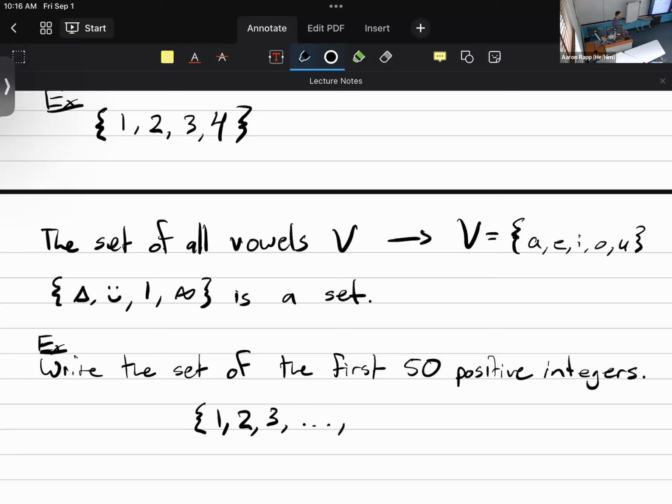And I know I have a stopping point, right? 1, 2, 3, and I'm going to keep doing that pattern that I just established all the way up until what number?